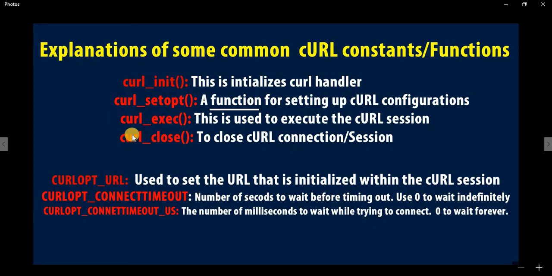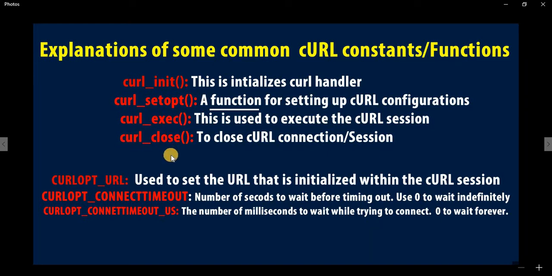The next one is curl_exec, which is a function used to execute the cURL session that we have set. So we initiated cURL, and if you want to execute whatever cURL has, we do that with curl_exec. Just understand that this runs cURL.